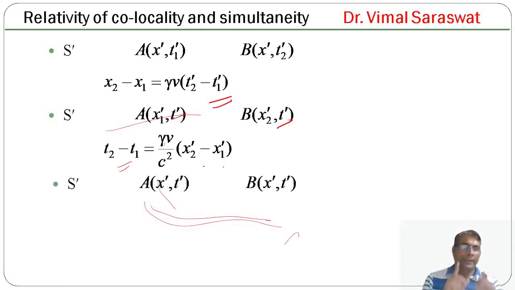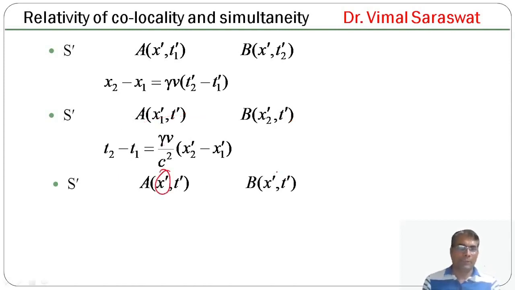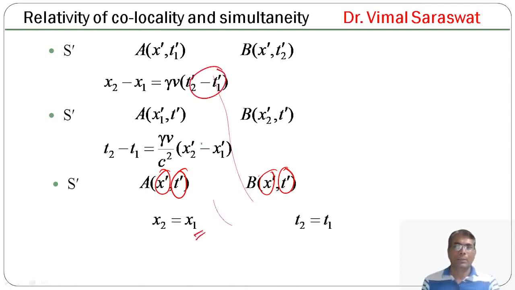Now, if we take two events which are co-local and simultaneous in frame S dash, it means both events are at the same position and also both happened at the same time. Then this will be 0, so x2 equals x1, and this will also be 0, so t2 equals t1. It means the events which are co-local and simultaneous in frame S dash will be co-local and simultaneous in frame S.